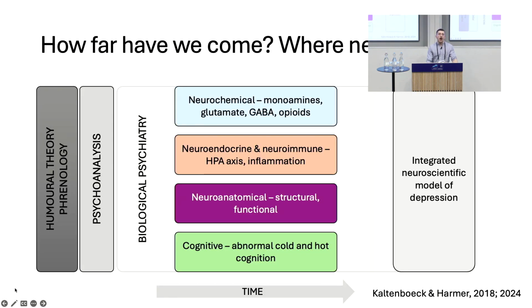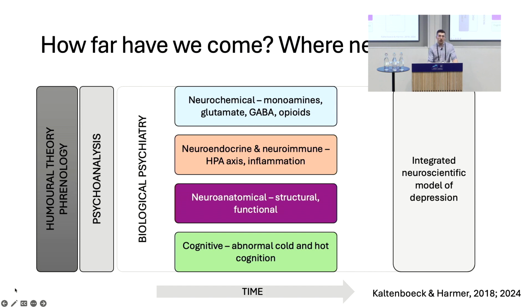We have come a long way since Galen's humoral theory, which predominated at the time of Burton writing this book. And since the latter half of the 20th century, multiple different explanatory frameworks have been developed to try and understand the etiology and pathogenesis of depression. So we have, perhaps most prominently, neurochemical theories, which focus on initially monoamines, now glutamate, GABA, and other neurotransmitter systems.